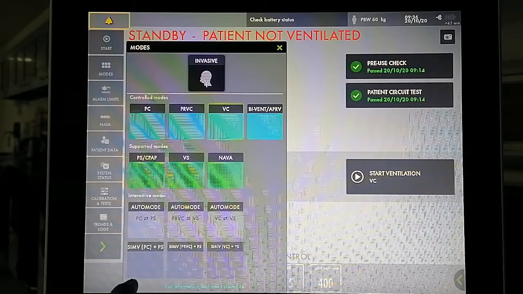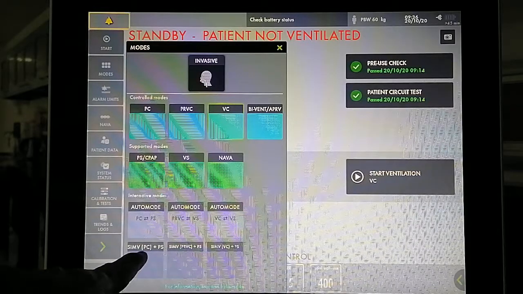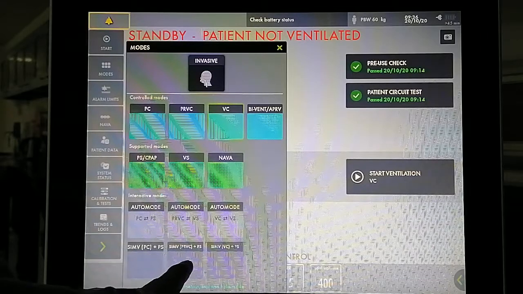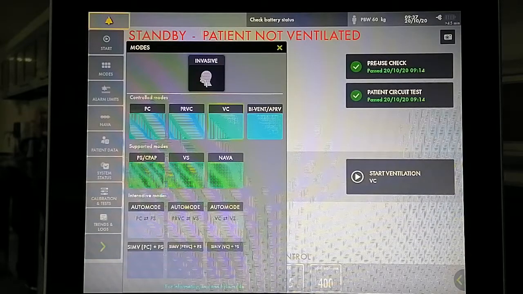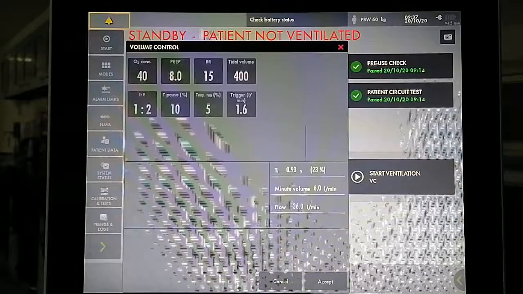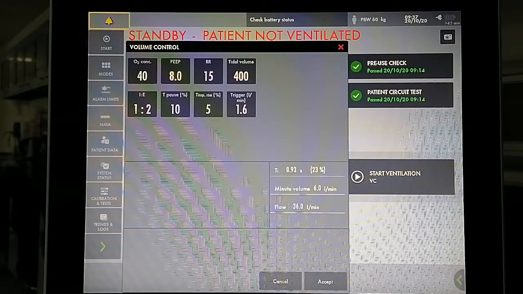Then we have, of course, SIMV pressure control plus pressure support, SIMV PRVC plus pressure support, and SIMV volume control plus pressure support. Okay, so let's select volume control. When you select a mode, the ventilator screen automatically changes to the parameters active in that particular mode.